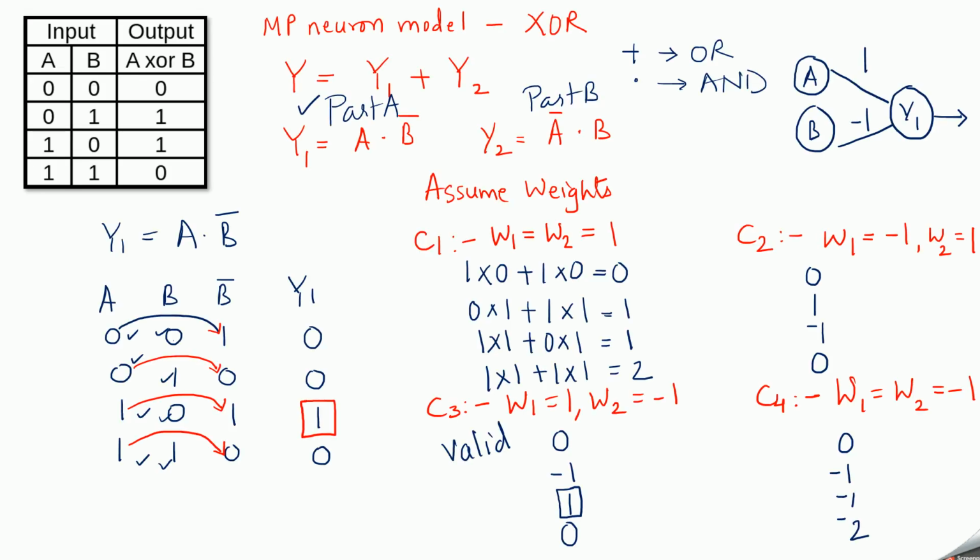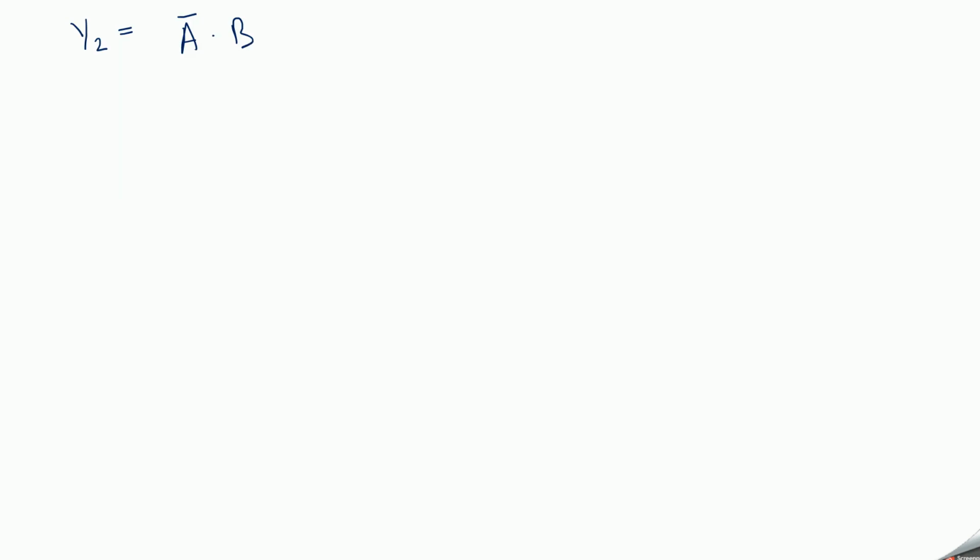Now in part B, the case that we are going to consider is basically Y2, which is nothing but your A bar dot B, because we considered A dot B bar as part A. Now part B, it is A bar dot B. So let us draw the truth table over here.